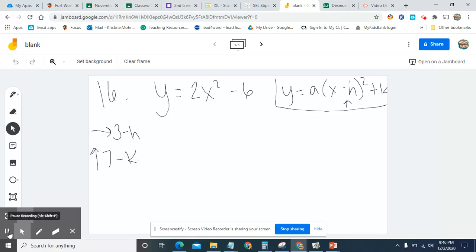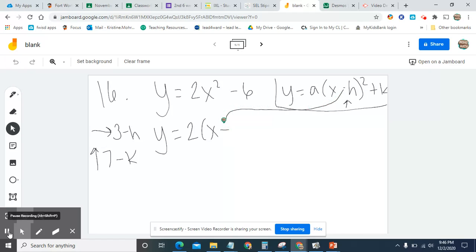So we're going to change our equation. We have y equals, that 2 will stay, but now I'm going to do my parentheses with x. Or sorry, we're going to the right, not left. So we're going to do x, and then the formula has us subtracting, so we put our little subtraction.